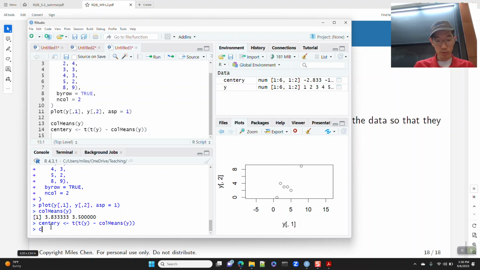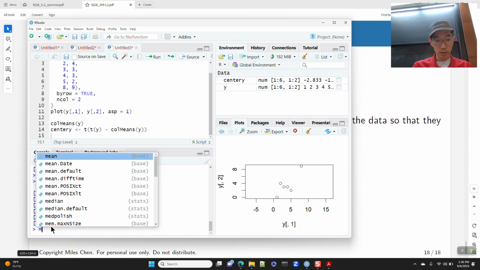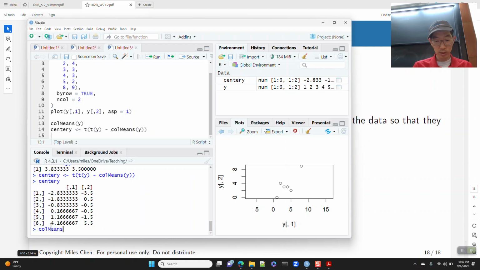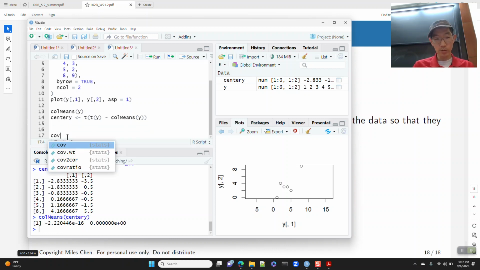All right. Does that work? Centered y looks like this. And what is the column means of centered y? Okay, column means of centered y is 0. That's what we want.